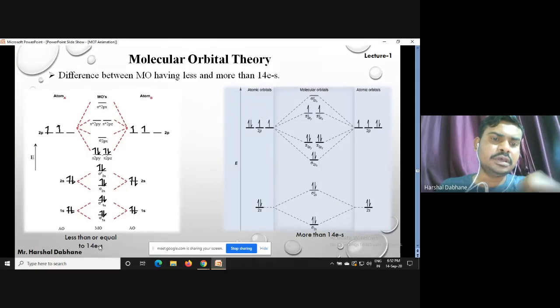Here the energy of the 2s and 2p orbitals is comparatively the same. There is not much energy difference. That's why there is an interaction, and that's why this orbital is lifted downward, and this one is lifted upward.